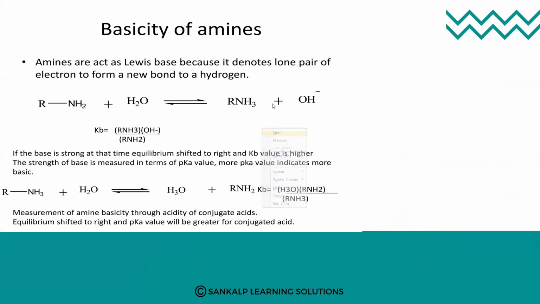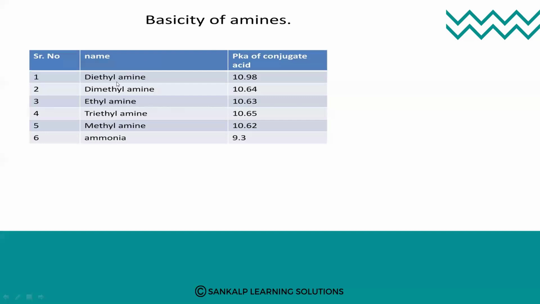Next we are going to see the structures. You can see different amines and their pKb values. They are pKb, not pKa. These are the pKb values of their conjugate acids. This is diethylamine, dimethylamine. These are the different values.